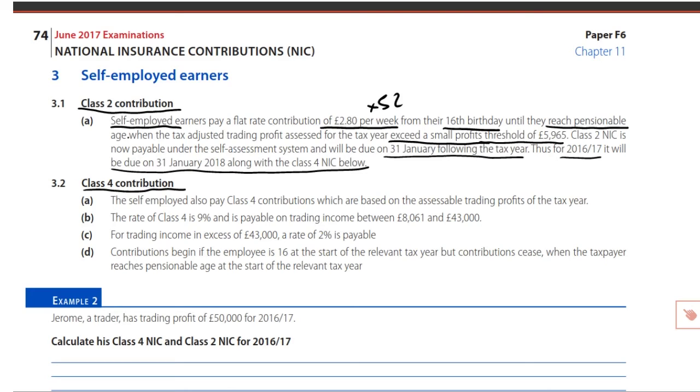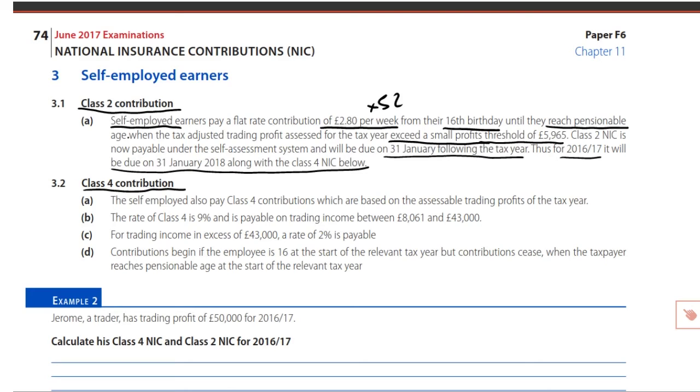Though as we'll see when we look at the administration of personal taxes, specifically income tax in Chapter 15, the self-employed won't just end up paying their total taxes at one date, the normal due date being the 31st of January following the end of the tax year.